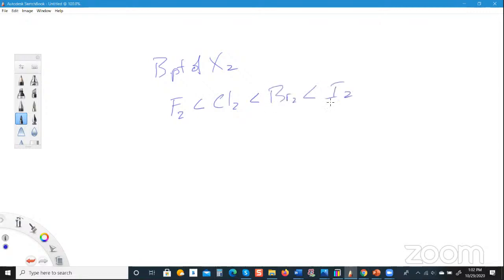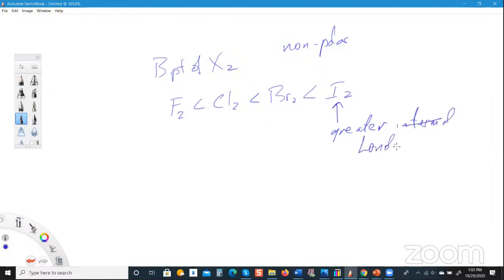Now, the reason why that is so is because, firstly, all these molecules are nonpolar. So in terms of the type of forces that exist between them, the intermolecular forces would be greater in the case of iodine. So greater intermolecular forces, or greater London forces.